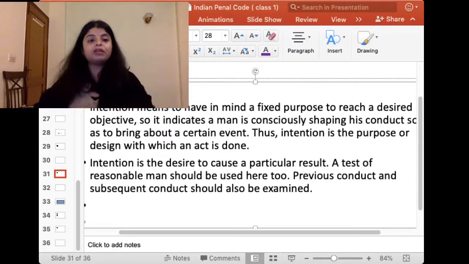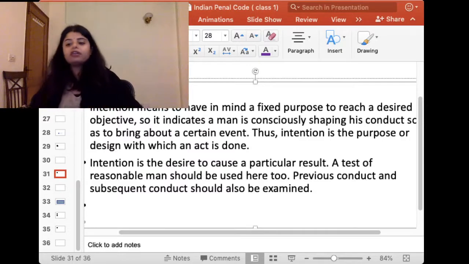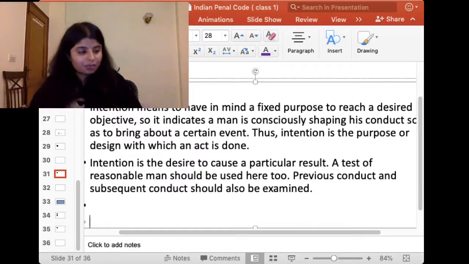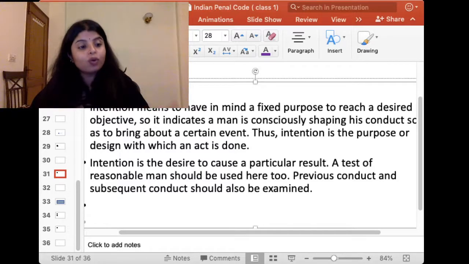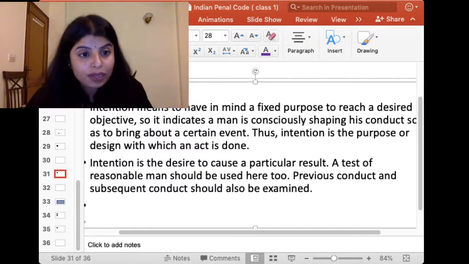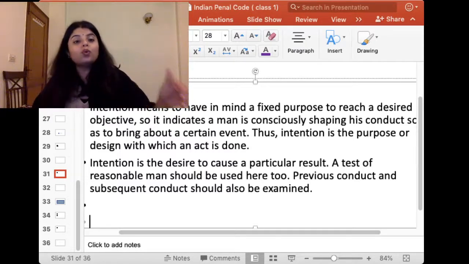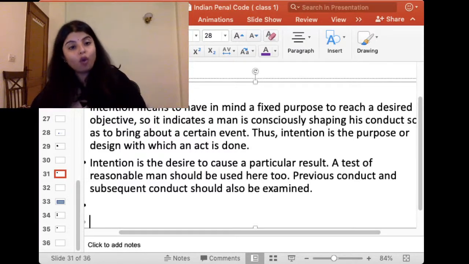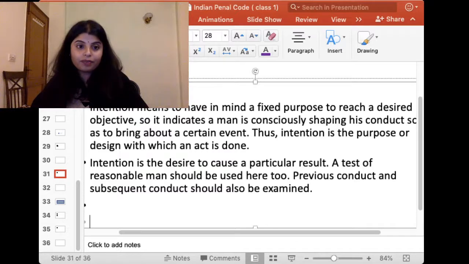So for example, suppose Mr. X has a brother, and he wants to inherit the whole property, but he knows that he cannot inherit the whole property till his brother is also alive. So the only way to get hold of all the property after their parents is to kill the brother. So he kills the brother.